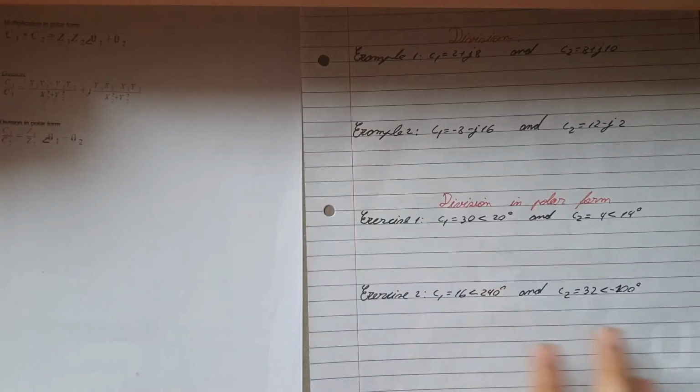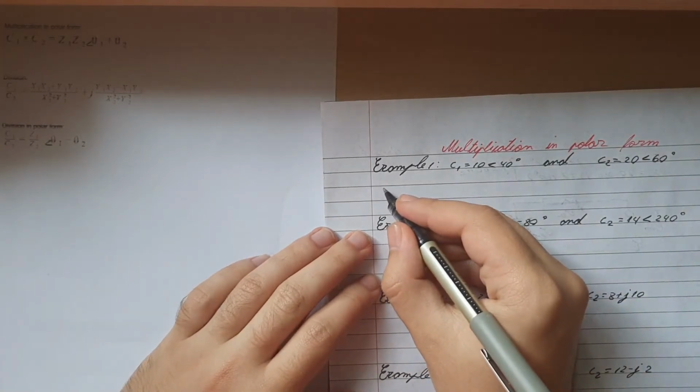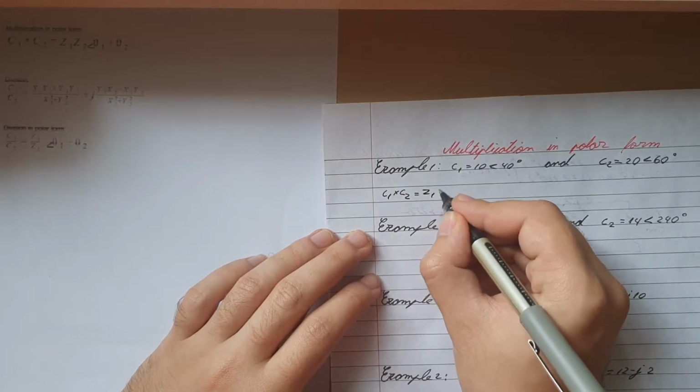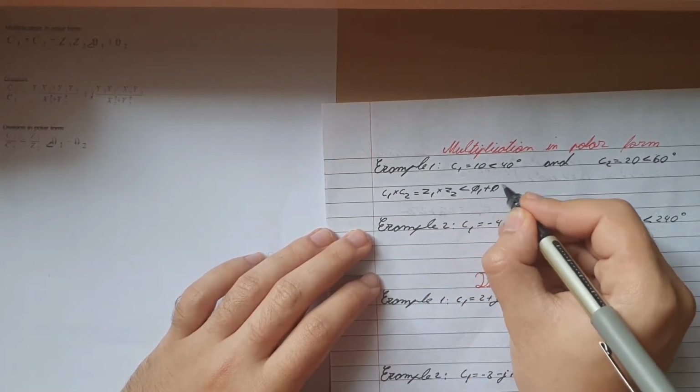Let me get ready the second one, which is this one here. Okay, and this one is multiplication in polar form. And it's again really easy compared to rectangular form, because the formula is simply C1 multiplied by C2 is equal to Z1 multiplied by Z2, angle 1 plus angle 2.